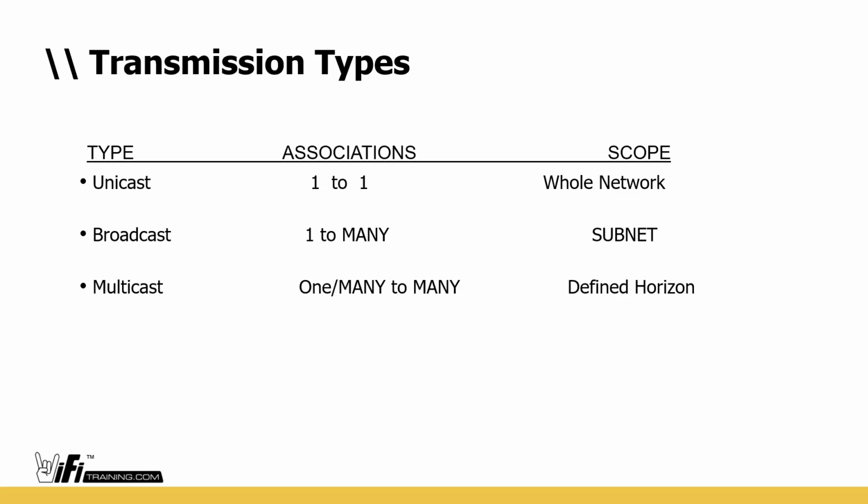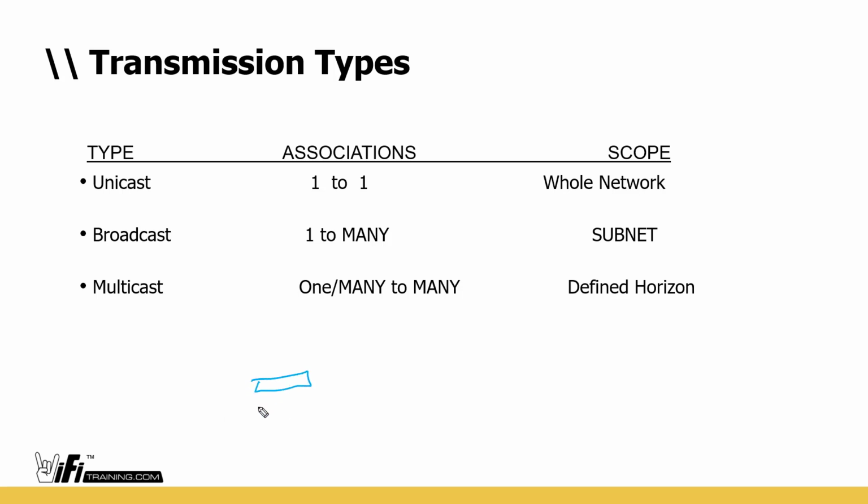Okay, now speaking of types, you've heard me say broadcast traffic. Okay, that means goes to everybody. So broadcast is a type of data transmission we use at layer 2, and we also use it at layer 3 as well, but right now we're focused on layer 2, okay, that goes from a source to everybody on the LAN.